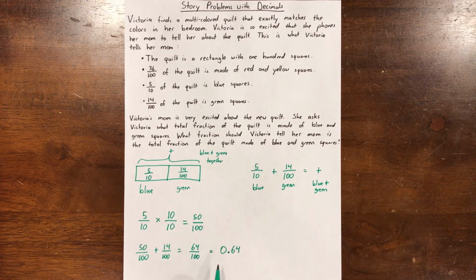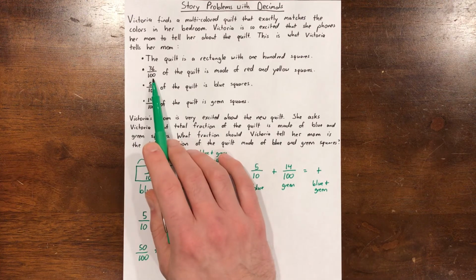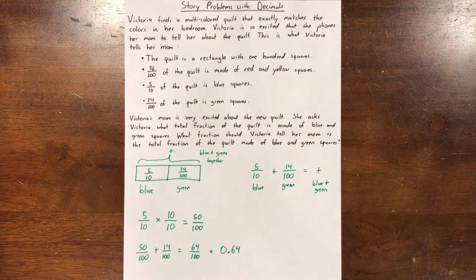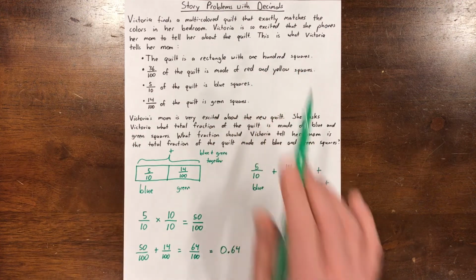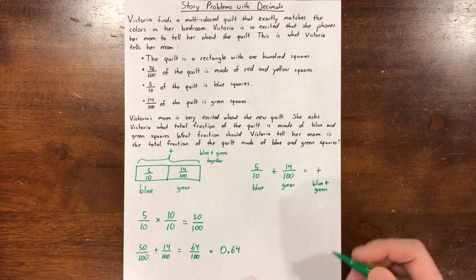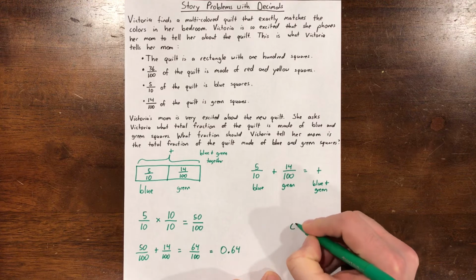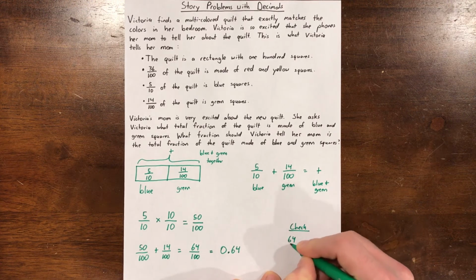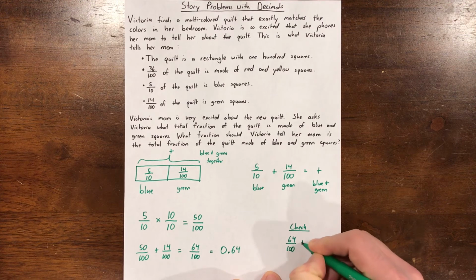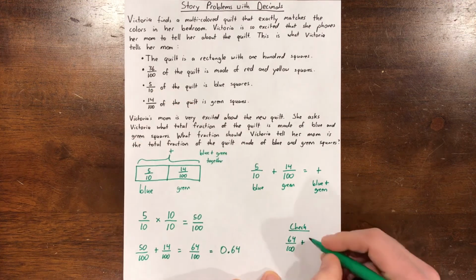Yeah, I could actually take my 64/100 and I could add 36/100, and that should give me 100/100, right, or one whole, because those are all the parts of the quilt, and I know that the quilt is made up of 100 squares. So let's do that real quick. I'm just going to put a check right here. We can take 64/100, right, plus the 36/100 that are red and yellow.